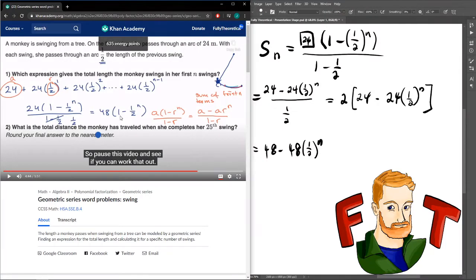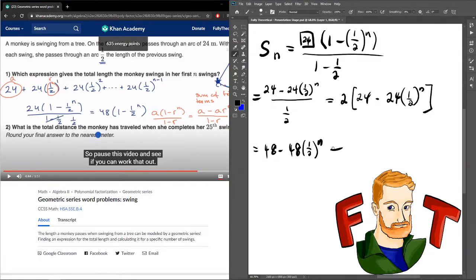So basically this is the same thing as 48 times 1 minus 1/2 to the n, because that's 48, that's 48 times 1/2 to the n. So it's the same thing. So cool.